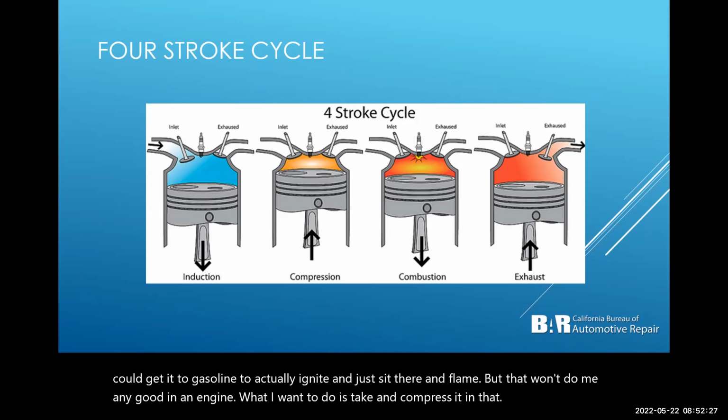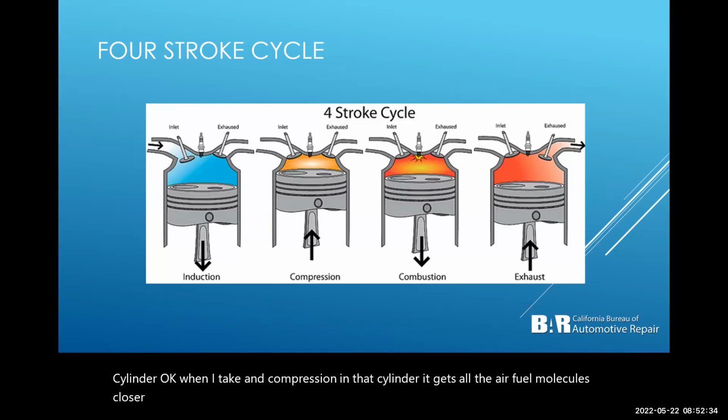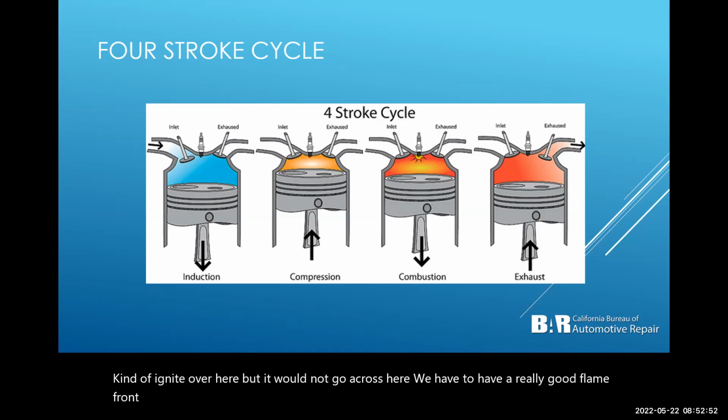When I compress it, it gets all the air-fuel molecules closer and tighter together. Instead of being all separated out, floating around here, yeah, I might get something to ignite over here, but it would not go across here. We have to have a really good flame front going. We need that to propagate through. So that's why we compress it. We compress it really tight on a gasoline motor.